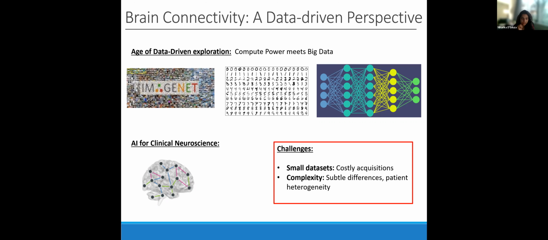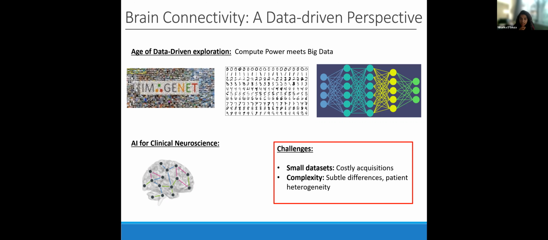At the same time, this data has a lot of complexity in terms of the underlying interactions within the brain. For example, differences in brain connectivity could be very subtle, especially in disorders such as schizophrenia or autism. Aggregating data from multiple sites could also be challenging due to differences in acquisition and population demographics, as is common with many medical imaging studies.